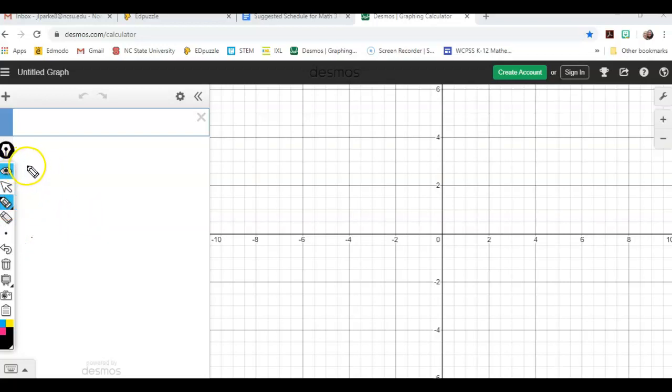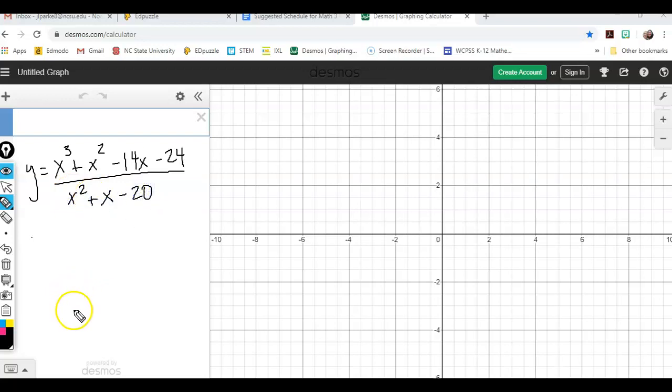So if I have y equals x cubed plus x squared minus 14x minus 24, and it's all over x squared plus x minus 20.